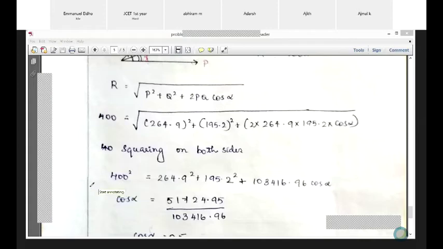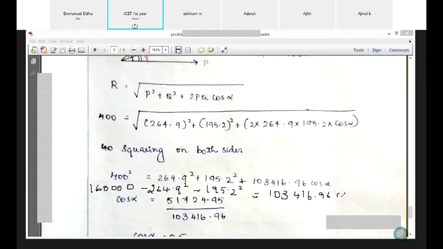That is 400 square, that is 160000. എന്ത് വരും? 264.9 സ്ക്വയർ മൈനസ് ഈ ടേംസിനൊക്കെ ഇപ്പുറത്തേക്ക് കൊണ്ടുവരാലോ. 195.2 സ്ക്വയർ is equal to 103416.96 cos alpha. Now on solving these terms, you will get the answer as what?